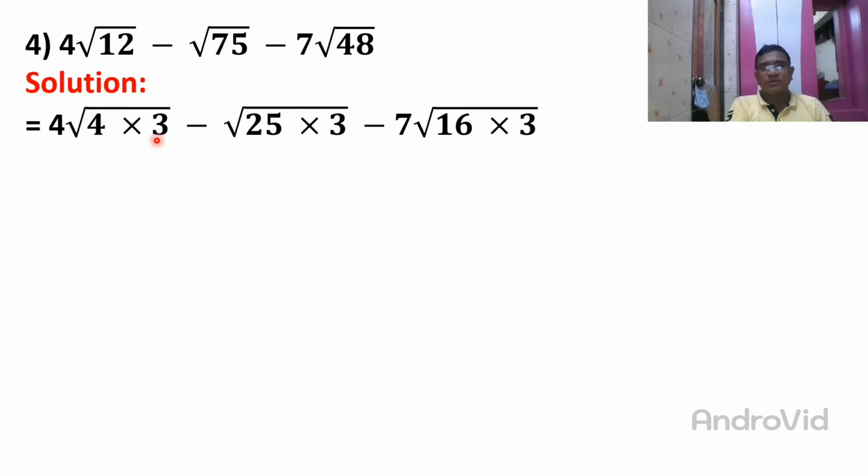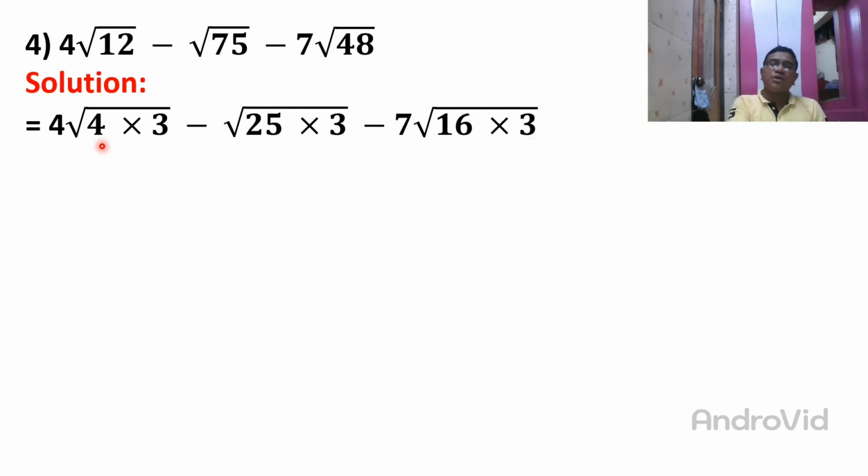Do you understand, my students? See, this is the 12, so 12 can be factorized as 4 threes are 12, minus 75. So 75 can be factorized as 25 threes are 75. And 48 can be factorized as 16 threes are 48.